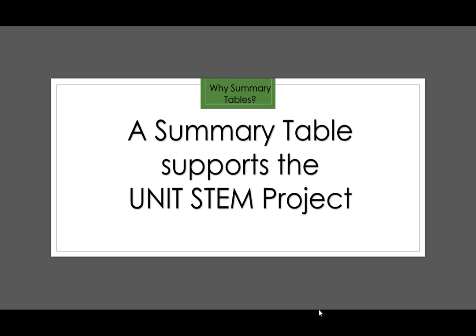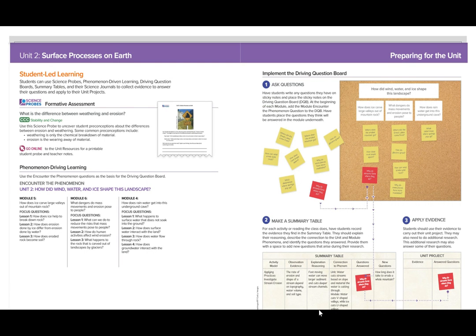Fifth on our list of why a summary table is included is that summary tables support the unit STEM project. It is here that students gather and apply the evidence that they have.